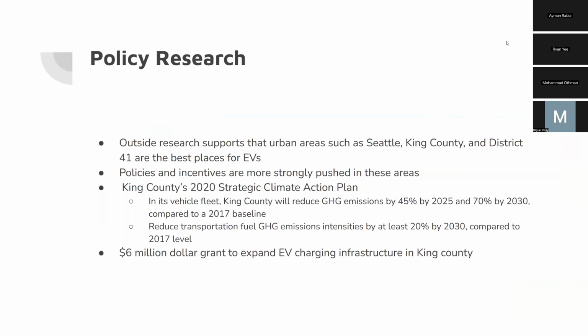And just recently, I think it was a couple months ago, they were granted $6 million from the state in order to expand their EV infrastructure. And like we saw in the data reflected, it is supported by the outside research as well that cities like Seattle and counties like King County are the best places to live when you're owning an EV. Next slide.